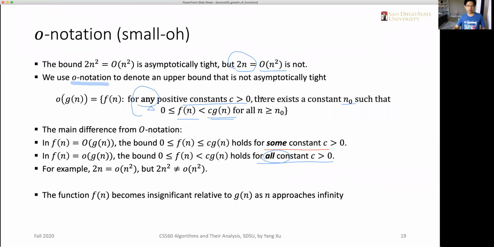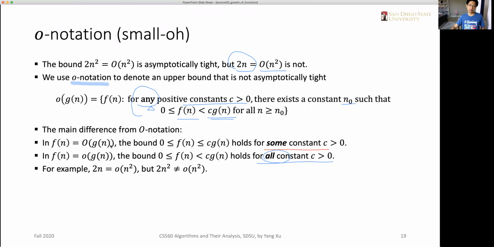For example, we can say that the linear function can be described by the small o of n squared, but a quadratic function cannot be described by the small o of n squared, because if we have c equals 1 here, then we cannot find an n such that 2 times n squared is smaller than n squared for all the n's.